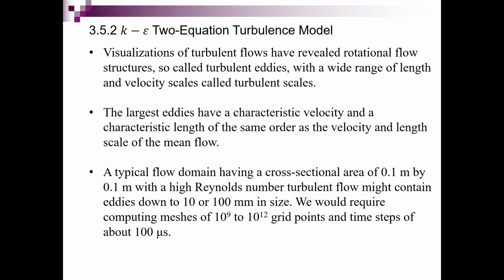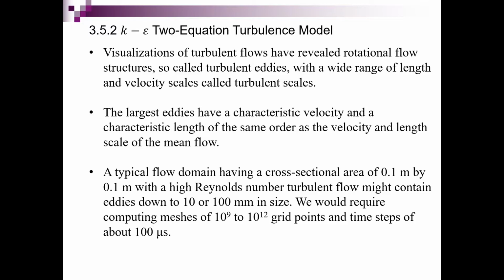If you look at previous research on turbulent flows, you can see a lot of visualizations that reveal rotational flow structures, which are called turbulent eddies. This induced turbulence has a wide range of length and velocity scales, which are called turbulence scales.